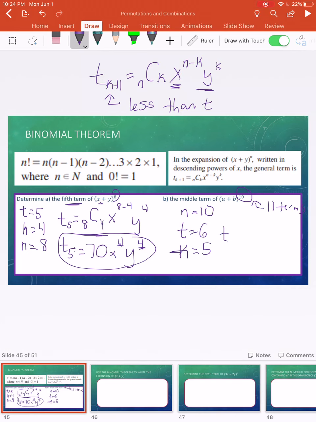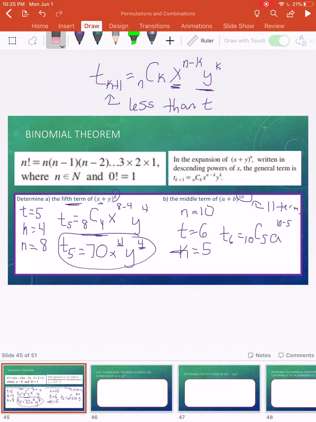I'm looking for my sixth term. My n value is 10. 10 choose my k value, 5. X to the power of 10 minus 5, and y to the power of k. Except this time, instead of x and y, whoops, I should have a and b, because those are what my terms are.